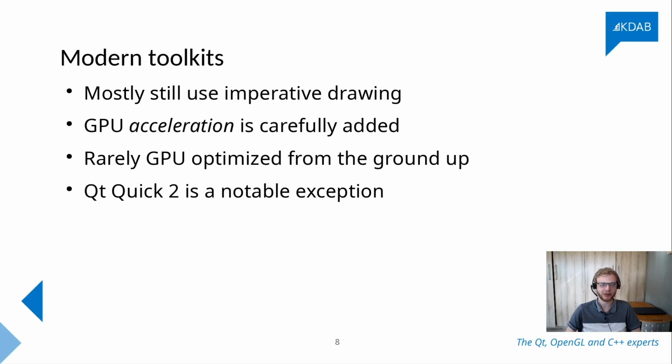So Clercq 2 uses a completely different approach where it is optimized for the GPU from the ground up. It forces you to talk to the GPU directly, not to do any of these imperative drawing calls. And I think that is kind of the superior way to go about this. The only other famous thing I know which does this is WebRender, which the engineer I linked on the previous slide is working on.